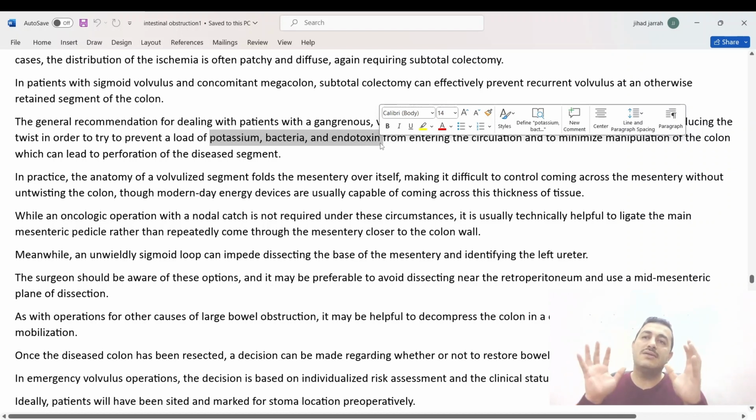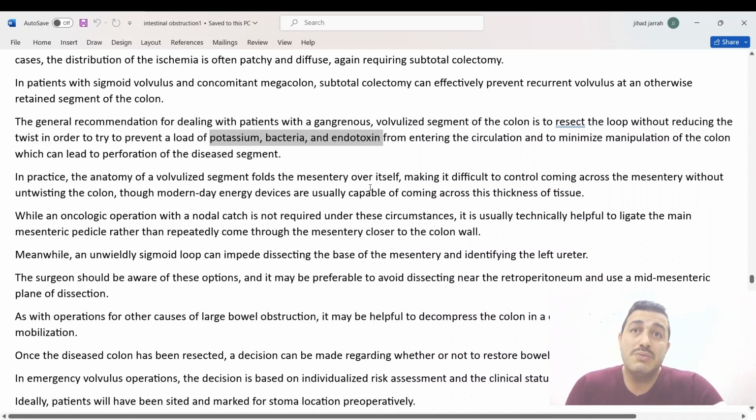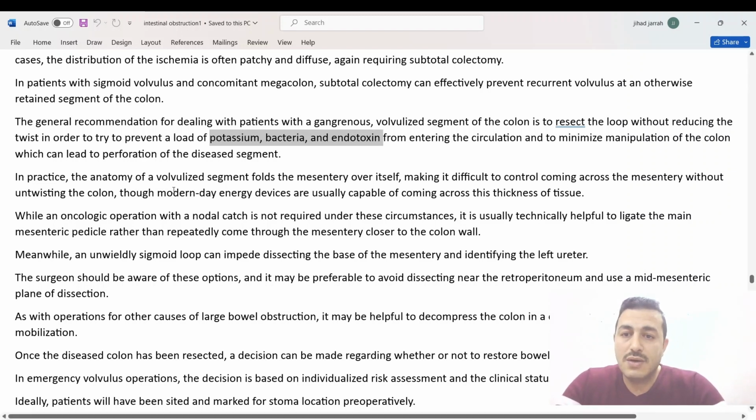So you want to resect it as it is, if there is evidence of volvulus, of course. But sometimes it may be difficult, especially if the sigmoid is twisted around the mesentery. The mesentery will be thick and it's difficult to ligate or cut the mesentery without detorsion or without untwisting the colon. But nowadays there are some energy devices that are capable of coming across this thick tissue.